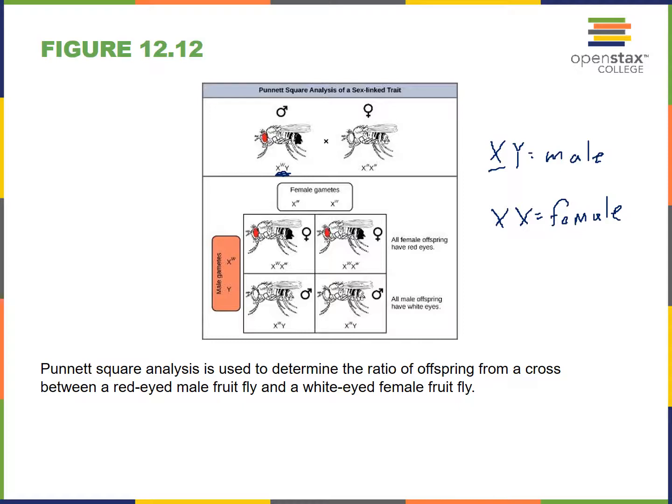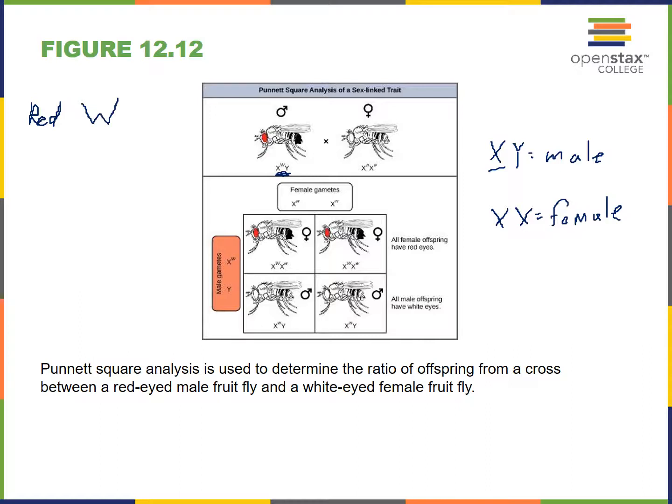So the dominant one is the red eye. So red eye is dominant. And they represent it with a big W for wild type.